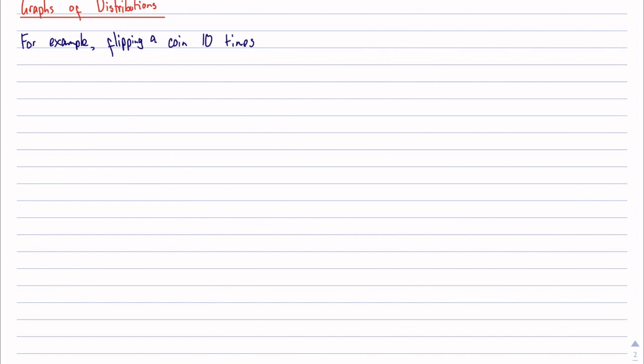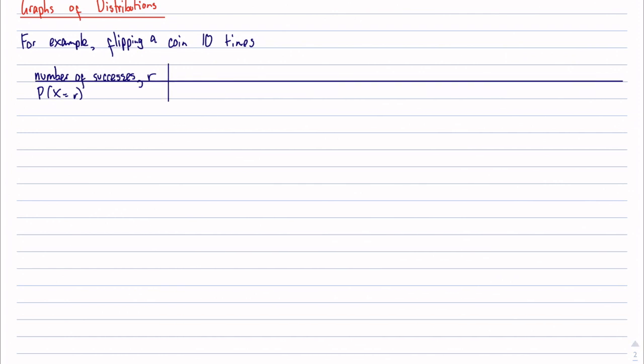So the number of successes are, and the probability that x equals this, we're going to set up a little table of values.